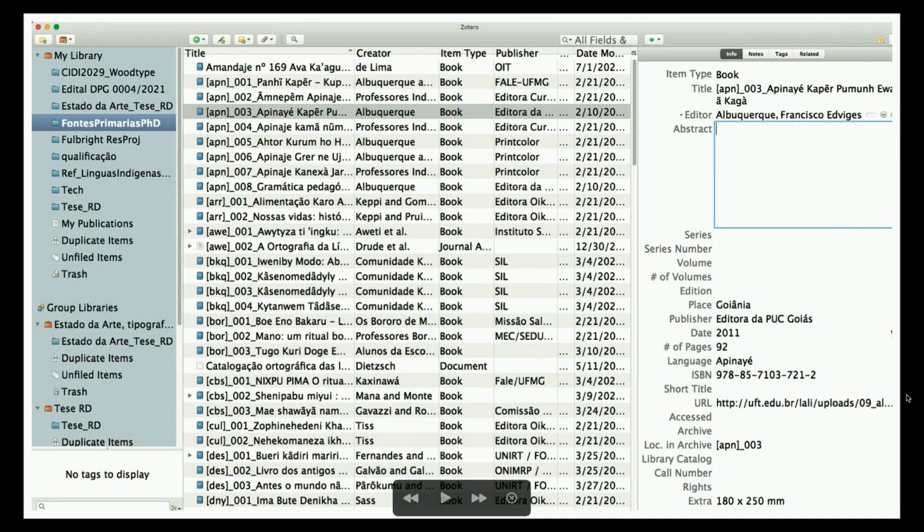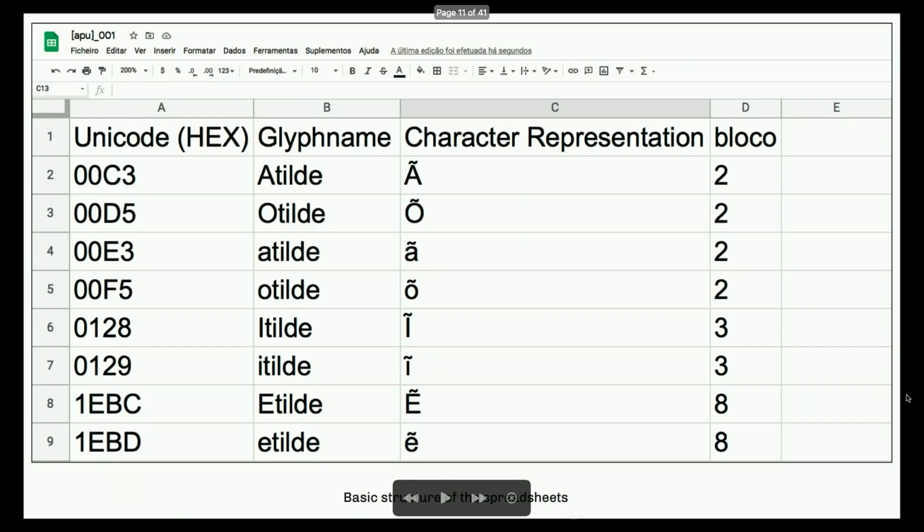so for each primary source, I have an entry, like in software such as Zotero, to document this publication. And for each book, we have a spreadsheet detailing what the occurrences of diacritics are in a given language.